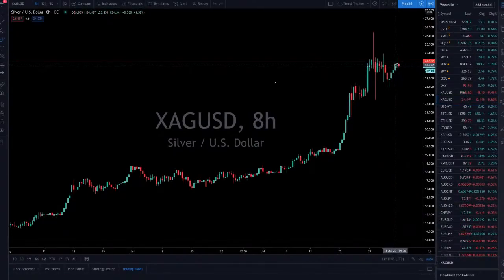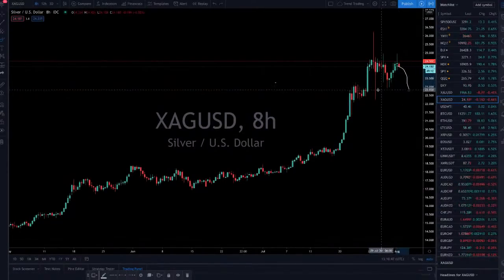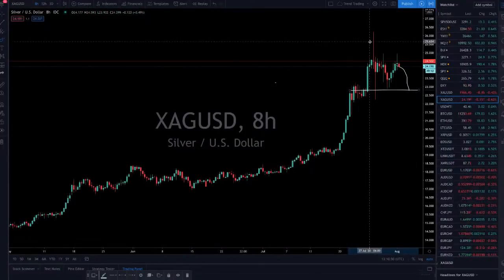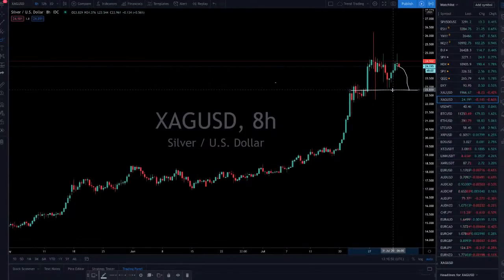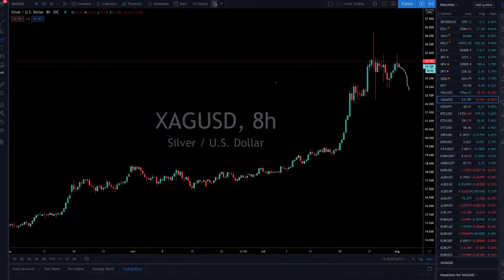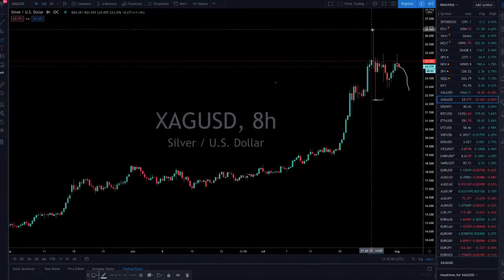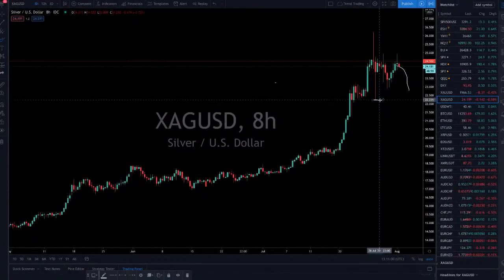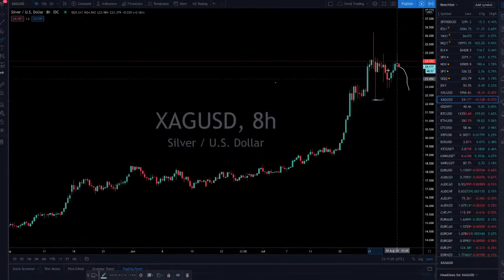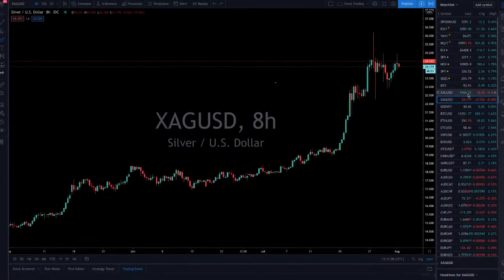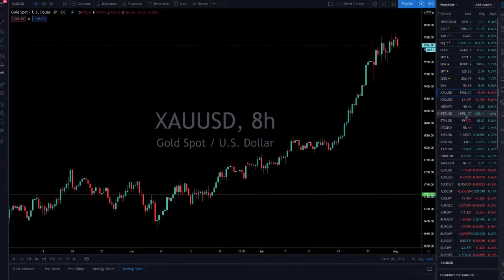The 2450 resistance could hold. We could come back down and test again the support at 2282. And below that, we have that spike low, that 15% drawdown all the way into the 2225 area. That could also be tested again. So show a little bit of patience right now on gold and also silver.